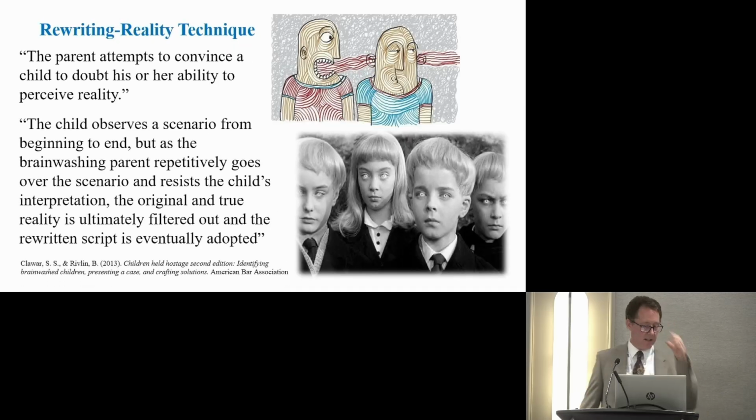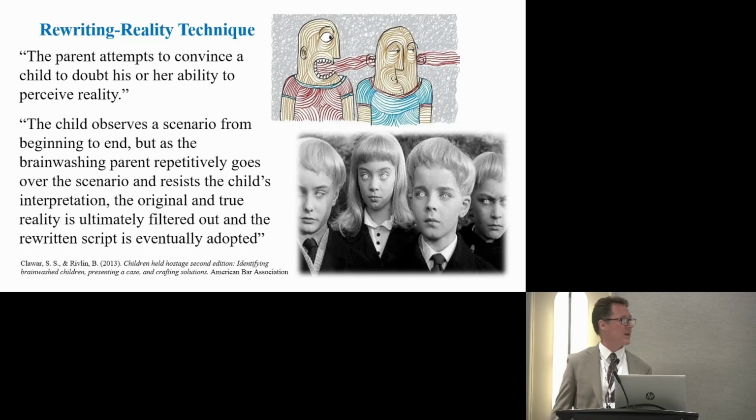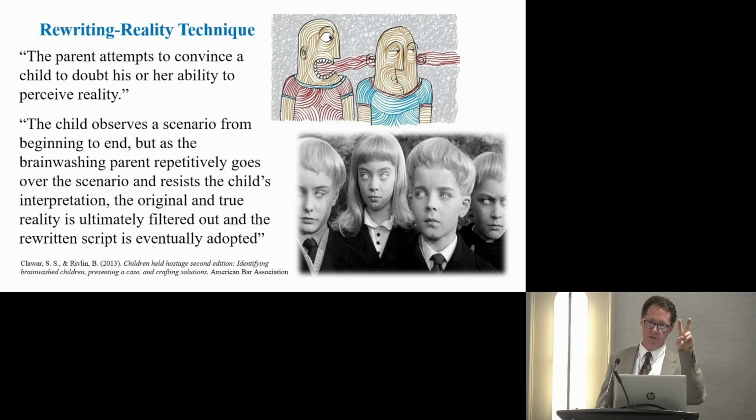Rewriting reality technique. And I want to highlight this because we're going to look at 2 cases that show the result if we don't stop it before the kids develop symptoms. Now, the brainwashing process doesn't happen overnight, but the rewriting reality is a drip, drip, drip, and over time, eventually, some children give in, and long enough, and a lot of them give in.